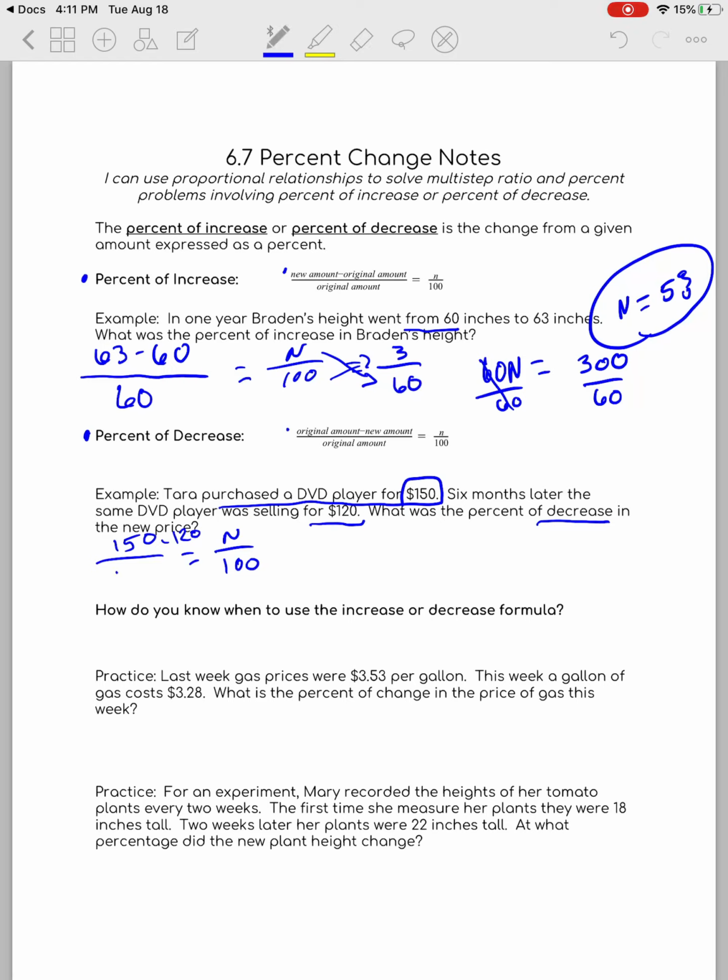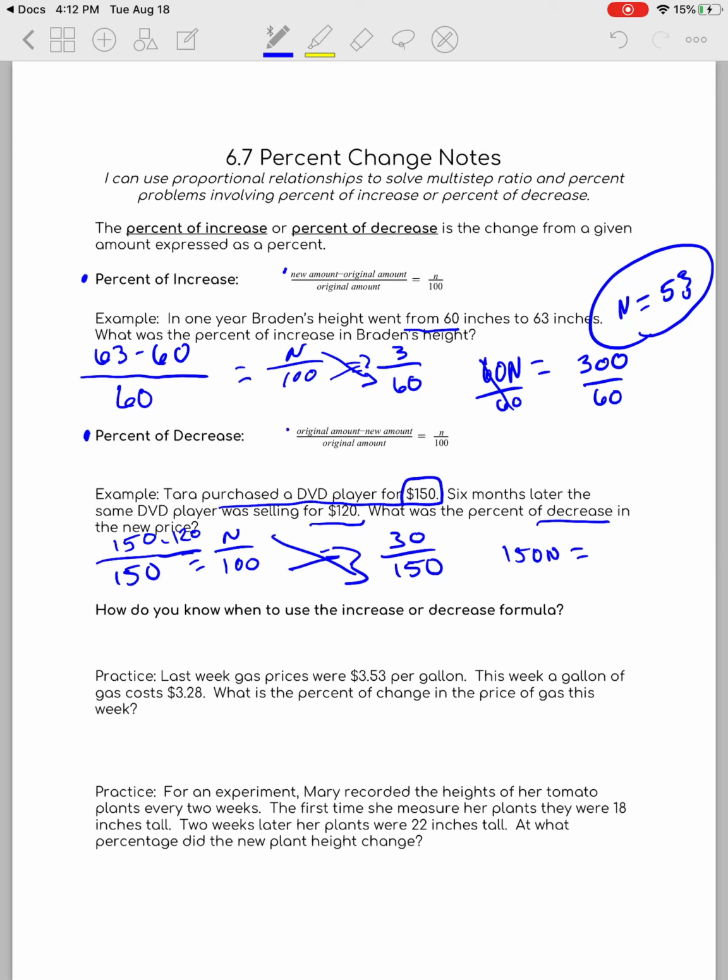Let me fix that. Sorry, guys. Here we go. So 150 minus 120 over top of the original of 150 equals n over 100. That's going to give you 30 over 150. And cross multiply and divide.